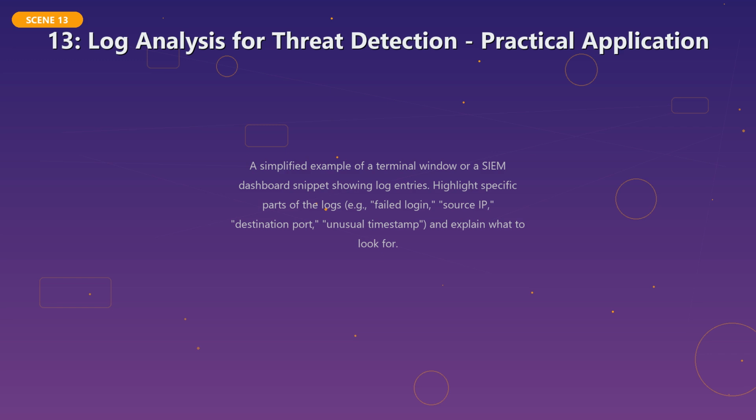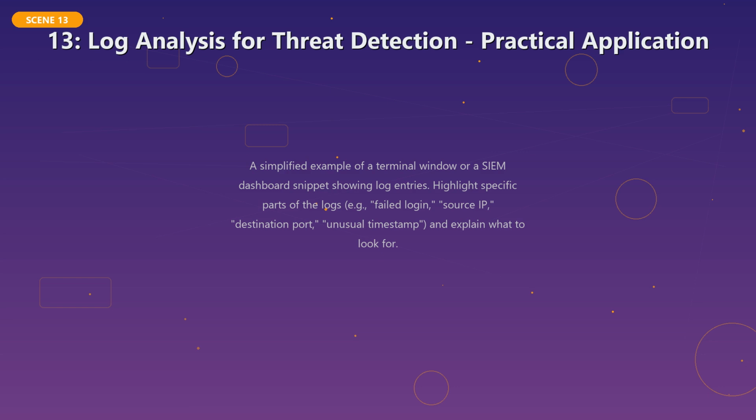2. Unusual traffic patterns. What to look for: outbound connections to unusual destinations, e.g., known bad IPs, unapproved cloud storage, abnormally large data transfers, or connections on non-standard ports.